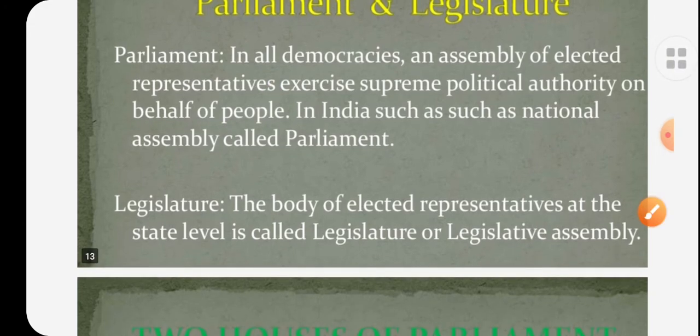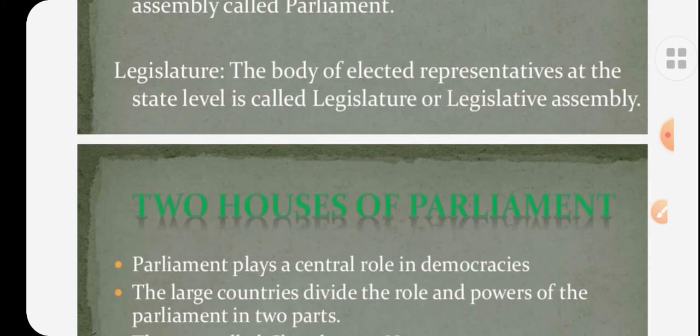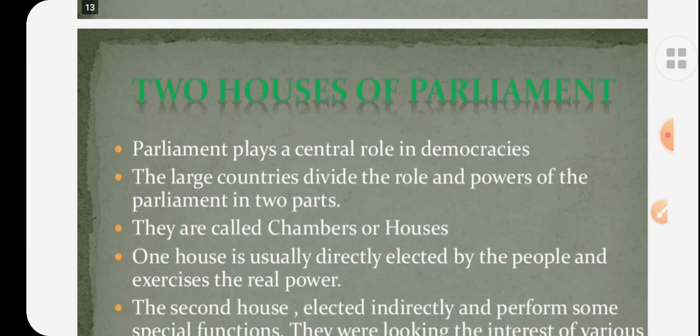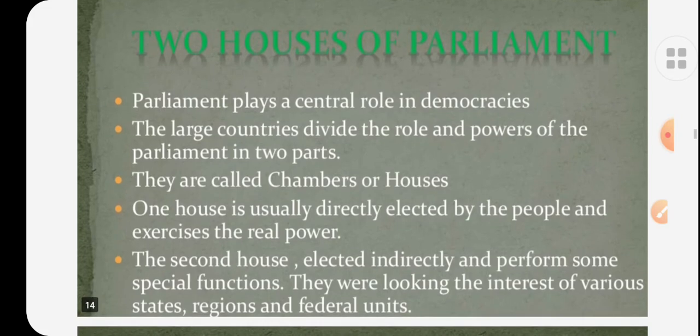So legislature is what the body of elected representatives at the state level is called, the legislative assembly. And we know about the two houses of the parliament, that is Lok Sabha and Rajya Sabha. The parliament plays a central role in democracies.